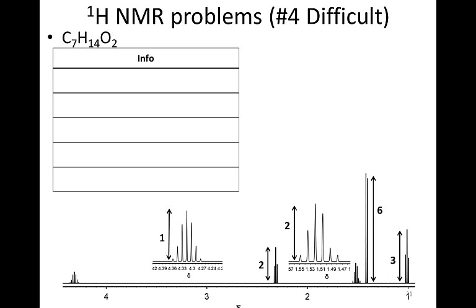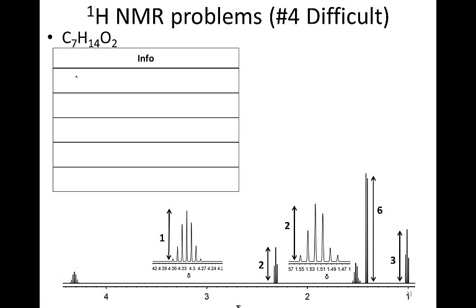Whenever you're trying to figure out structure, it's a lot easier to reference numbers versus looking at pictures. So I'll start from a ppm of 0 and work my way downfield from there, and I'm also going to label each peak as I go along.